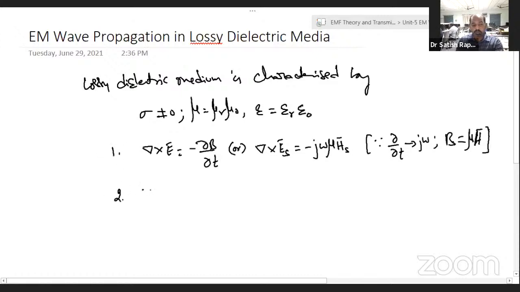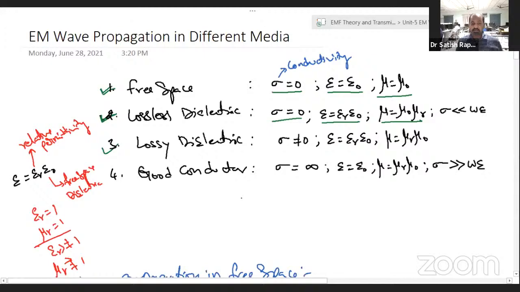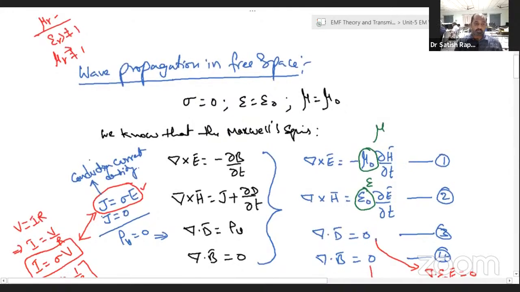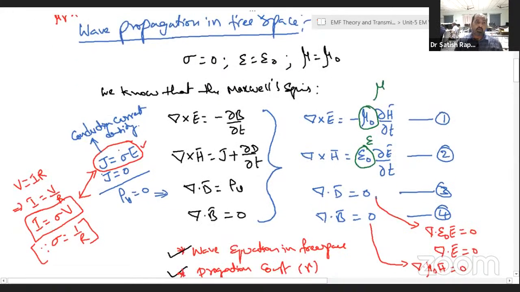And the second one, del cross H bar is equal to J. What is J? J is sigma E bar plus dou D by dou t. In my last class I discussed that J is equal to sigma E bar, the Ohm's law for field theory.